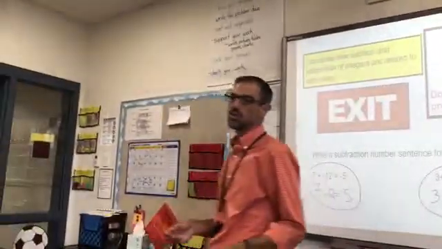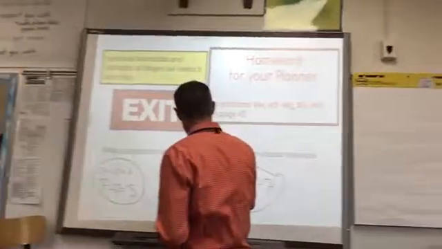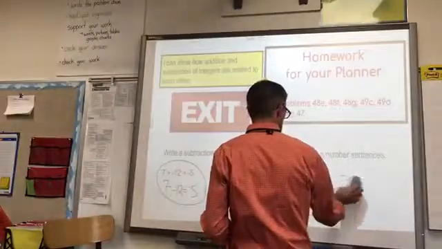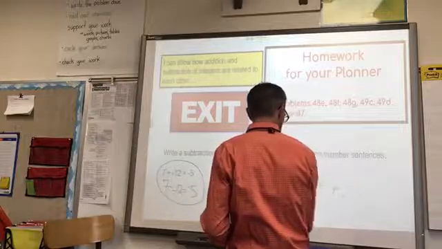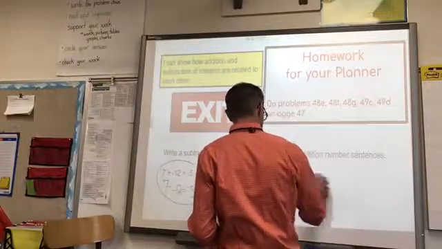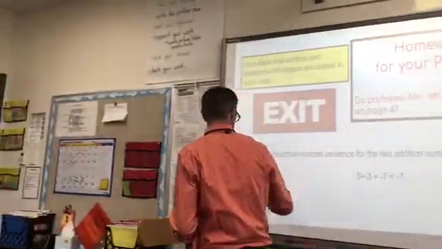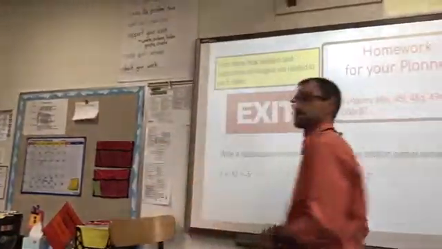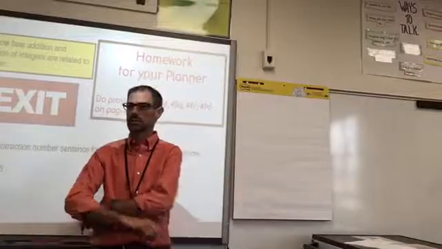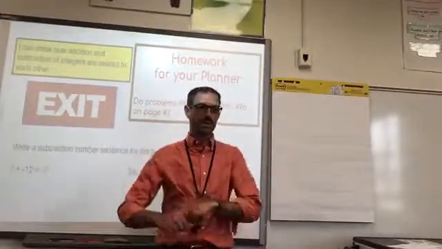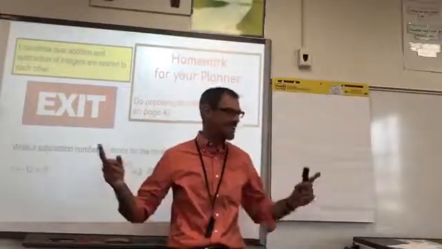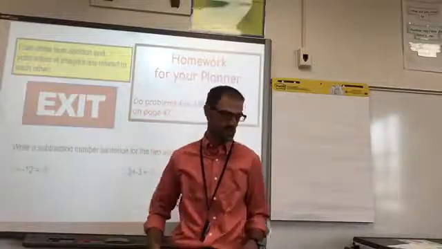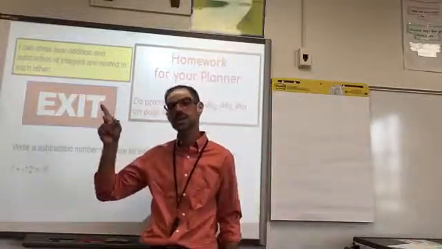Now, before you go on, there is a benefit. There is a benefit, guys, to knowing how to take a subtraction number sentence and turn it into addition. Because what can I do with addition? Yeah, I can use the commutative property and I can switch stuff around and it still makes sense. Adios, amigos.